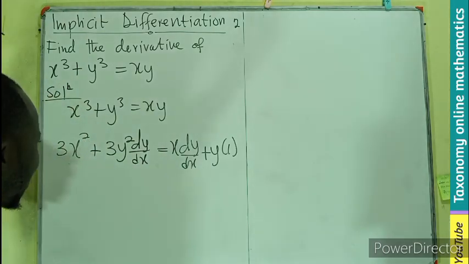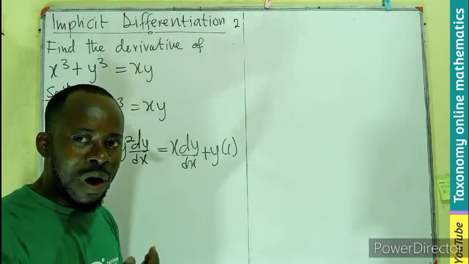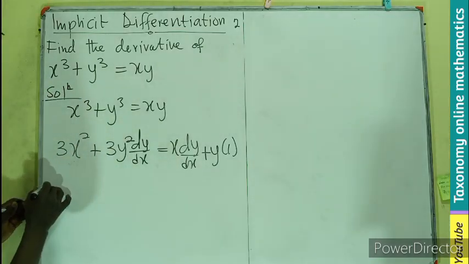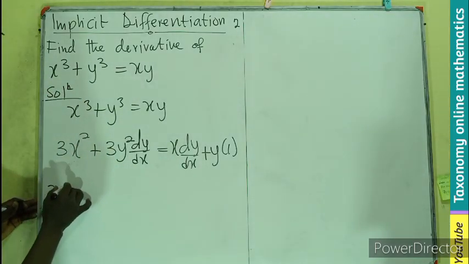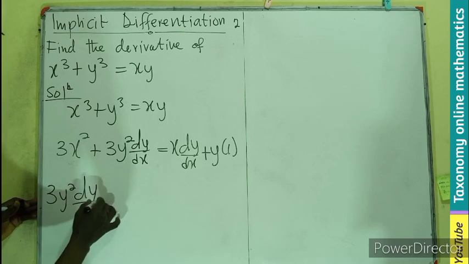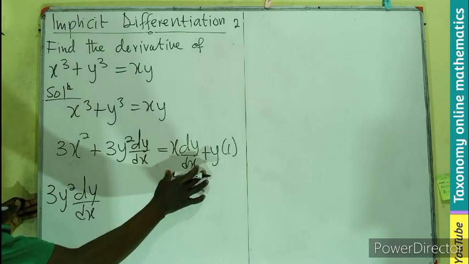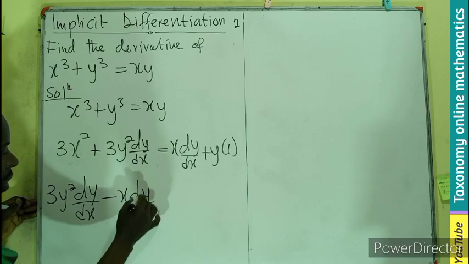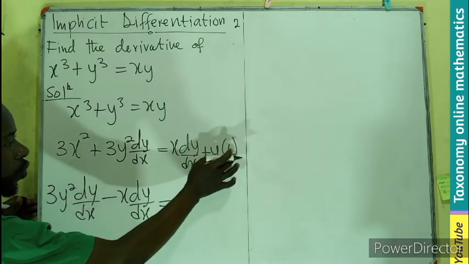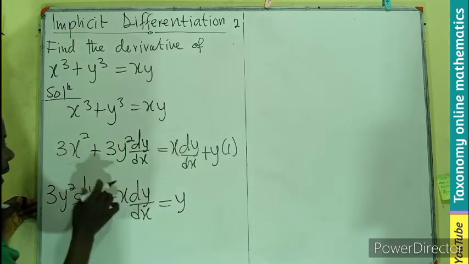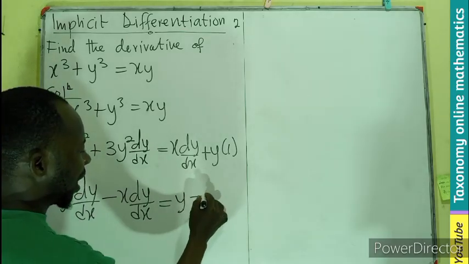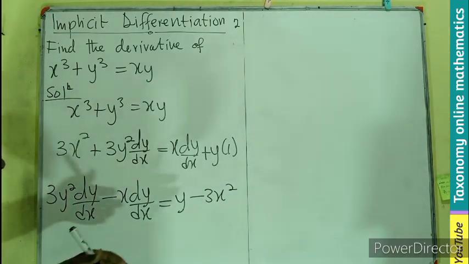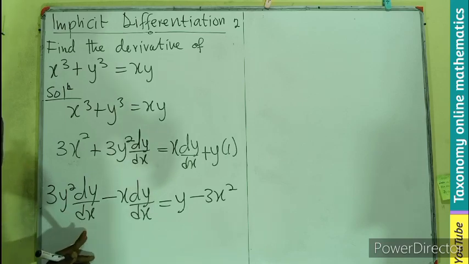Alright. The second step is to group all the dy/dx terms to the left. So let's maintain our 3y squared dy/dx, bringing in this as minus x dy/dx, equals to, we are left with y there. We transpose this, it becomes negative 3x squared. The dy/dx terms are on the left, but still not single.